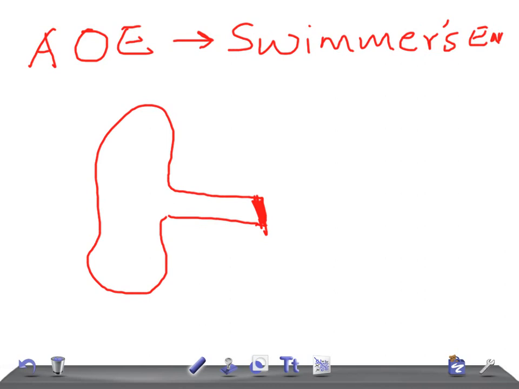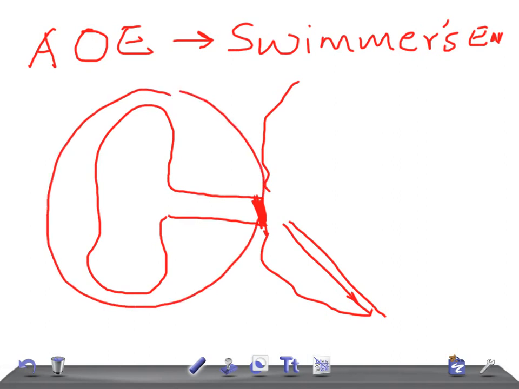Then the inner ear part starts, with the eustachian tube opening. The eustachian tube is more horizontal in children and more vertical in adults. Remember this, and that's why children develop middle ear infections more often. So this part up to here is called the outer part.